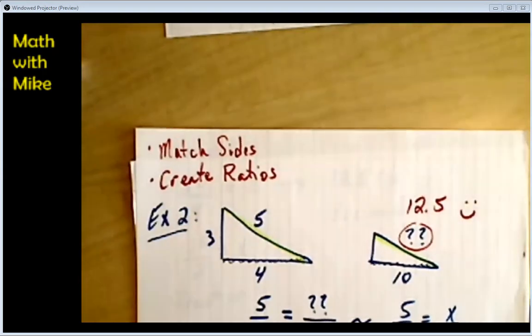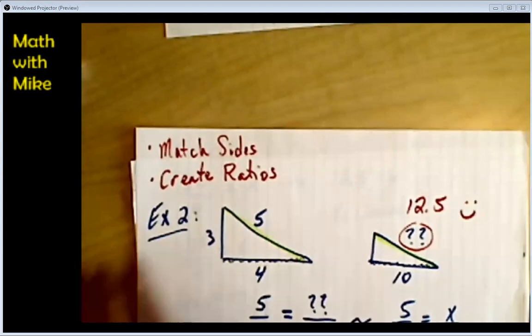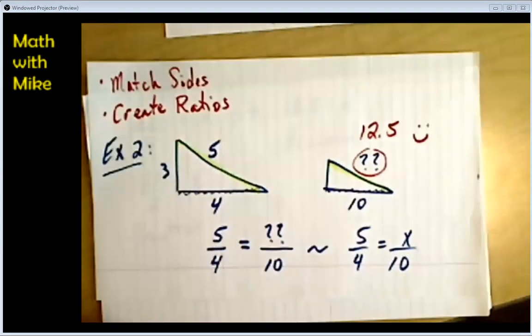I ran out of time. So I'm going to stop the video. Homework's coming around. I'll update Teams to make sure you don't do all of it. Okay, the second page only. 3, 4, 5, 6.